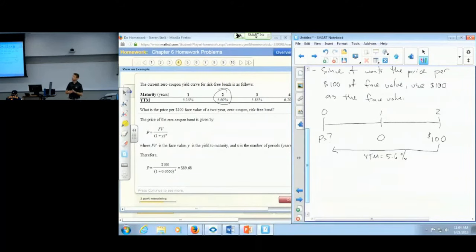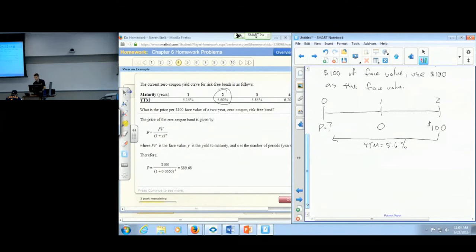And remember what yield to maturity is. This is the rate of return for holding the bond, right? Or it's the discount rate that equates the current price of the bond with the promised future cash flows. This is just a lump sum time value problem, right? So the price of the bond today is equal to the face value discounted back to today's dollars using a lump sum present value formula.